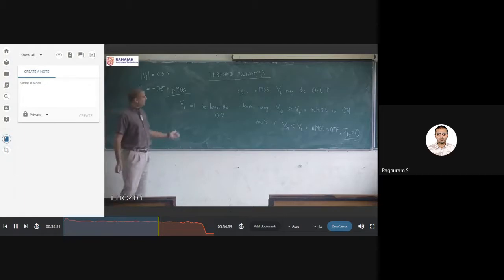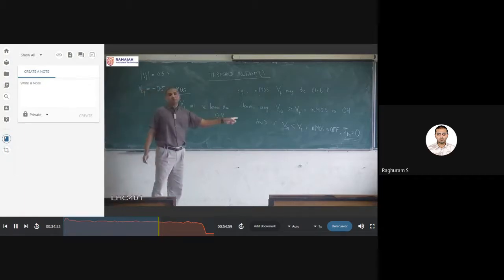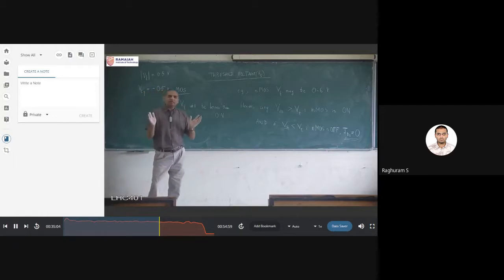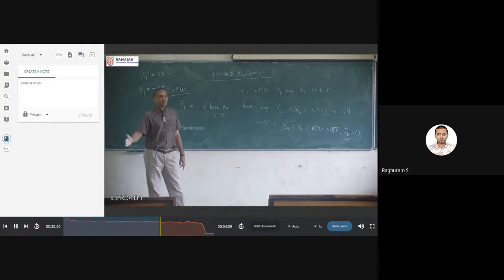PMOS is exactly opposite. My recommendation to all students is to remember the conditions for NMOS very correctly, don't get confused there. When you are working with a PMOS device, just invert every condition. NMOS on means PMOS off, NMOS off means PMOS on. That is the most important thing to remember, and the easy way to remember also. You don't have to remember two separate sets of conditions.